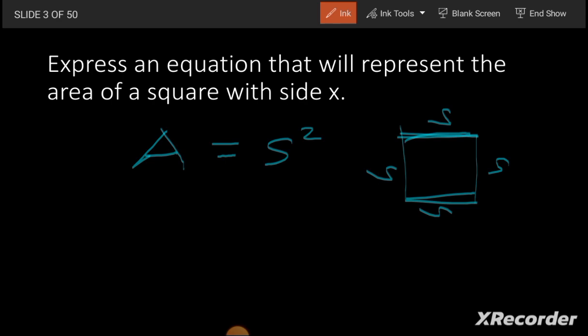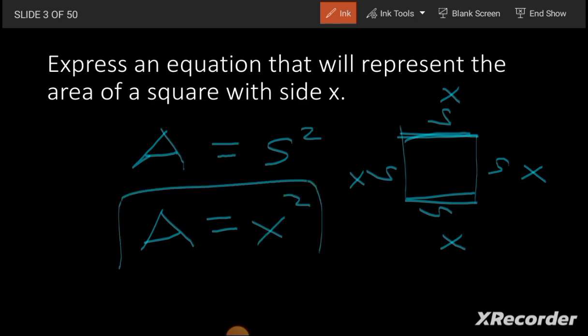So in this case, the area with side x, so all the sides are x, then it could be x squared. Area is equal to, or A is equal to, x squared.